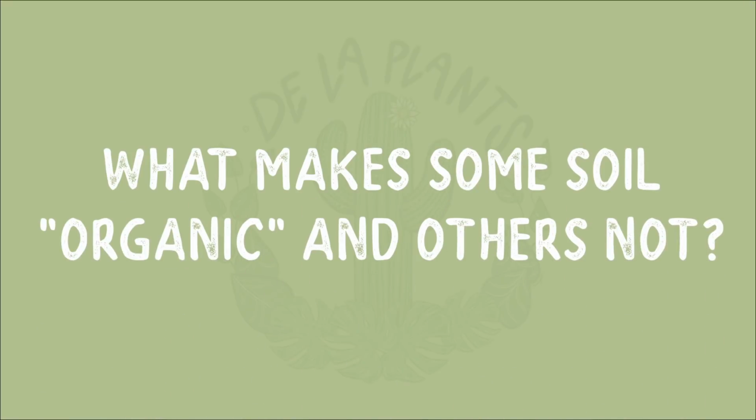Okay. What makes some soil organic and some not organic? In a sense, all soil is organic because it's living and it has organic material in it, but organic soil is restricted by having naturally occurring elements and materials in it instead of things that are chemically created.